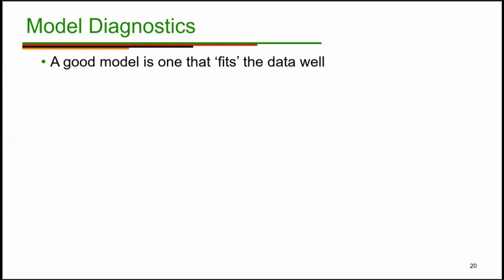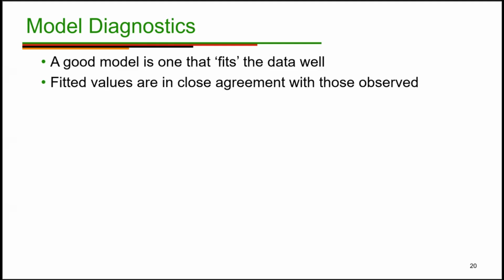But what does fit the data well mean? One way to look at this is to expect that your fitted values, these are the values that your model is predicting, are in close agreement with the observed values. You're basically training a model to say, when someone has this age, this sex, this BMI, whether they're a smoker or not, then their cost should basically be so much.